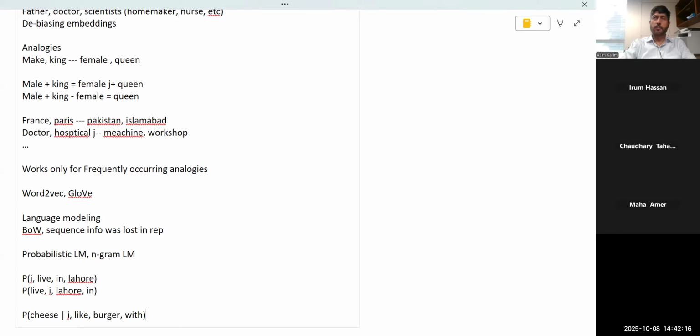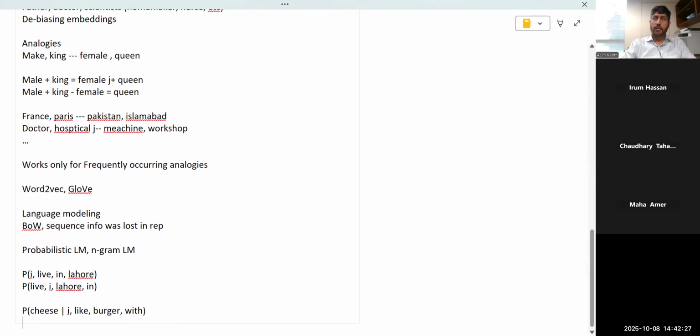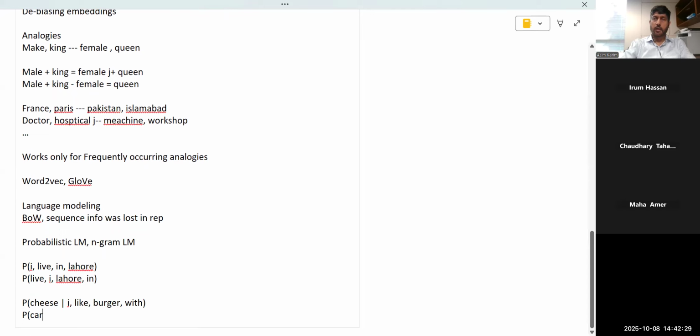So this is a conditional probability of cheese given the context I like burger with. So what should come after with? One option is cheese. Another option, let's say, is car.